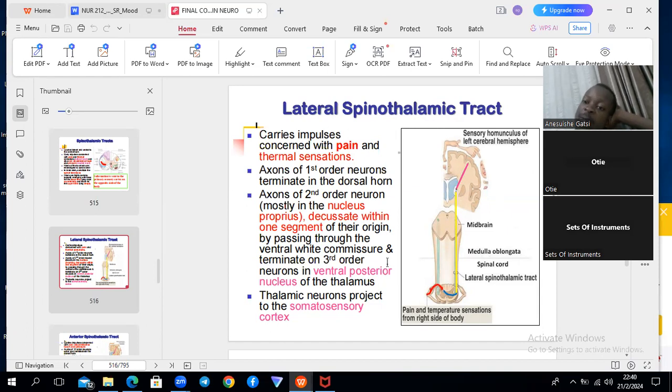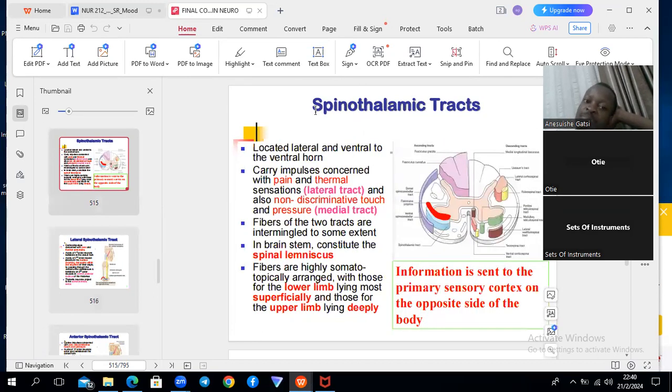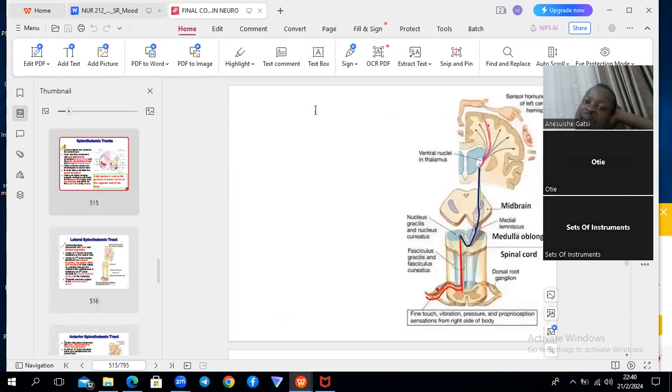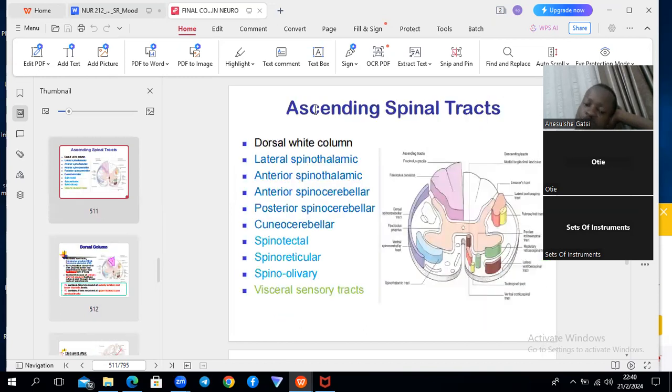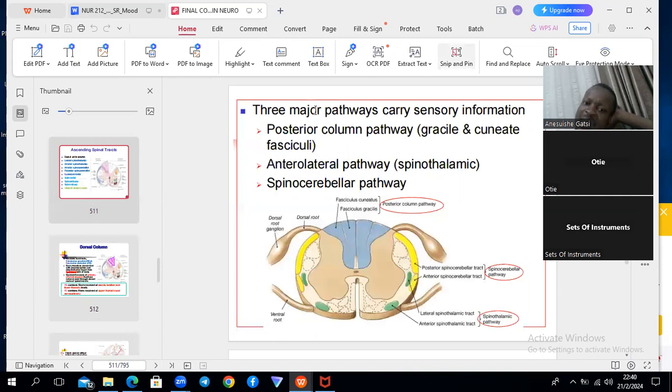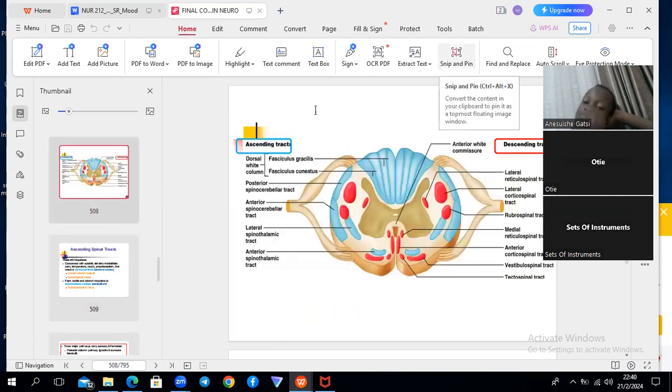the basics, right? So the reason why we are calling this lateral spinothalamic is, if we come back to that diagram that I started off with, remember the white matter is divided into an anterior column, a lateral column, then a dorsal column.